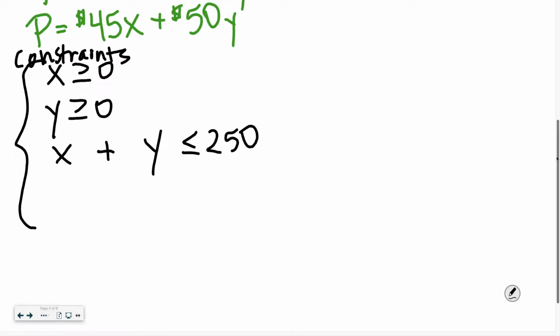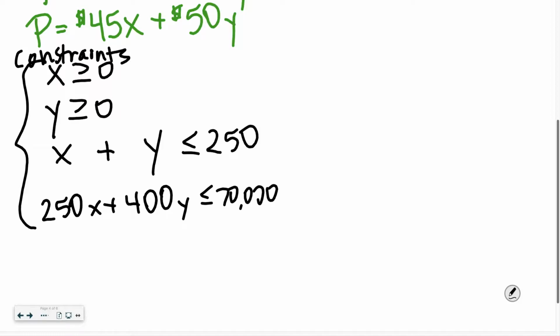Okay. It also says they do not want to invest more than $70,000 in inventory. What would we write down, Jacob? 250x plus 400y is going to be less than or equal to $70,000.